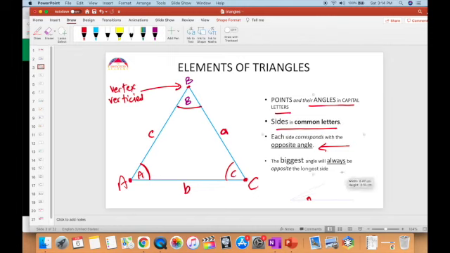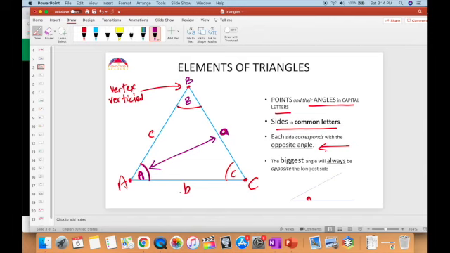The bigger the angle, the bigger the side. So that is why, if this angle is A, the opposite side will be the side a, because the length of that side is dependent on how big that angle is. You understand, Scotia? Cool stuff, right?